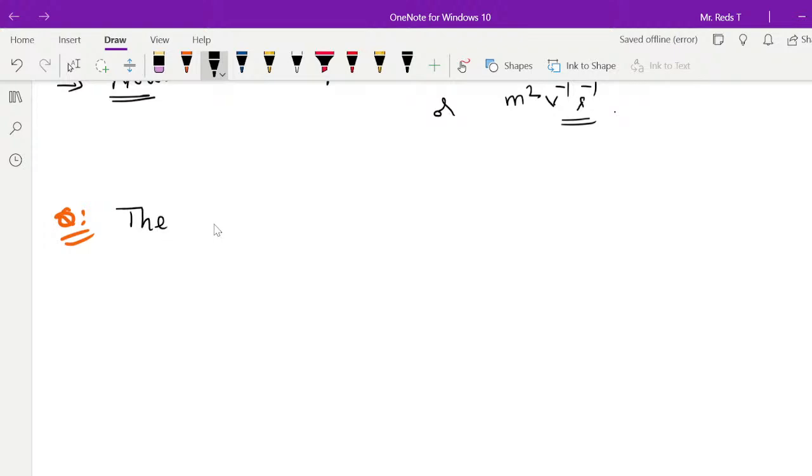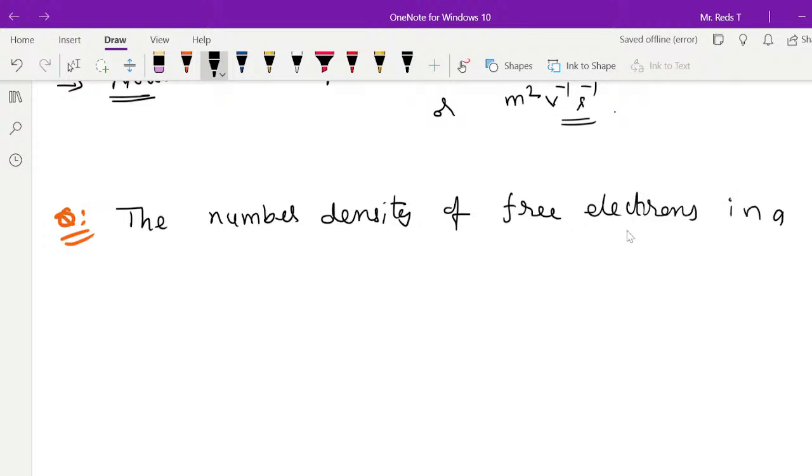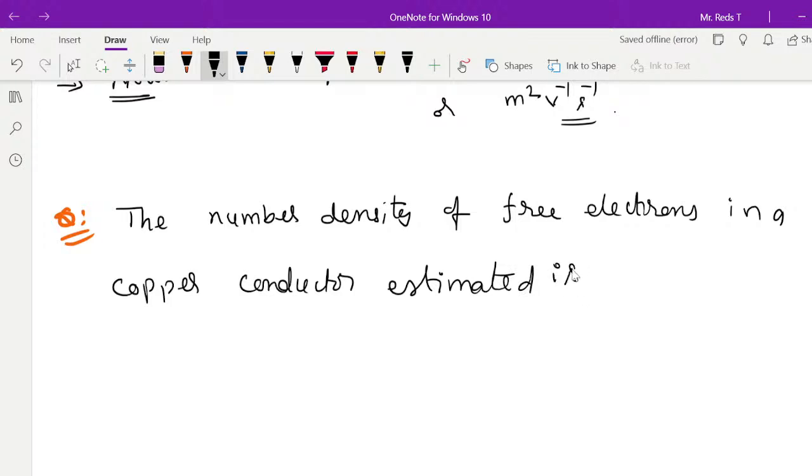The number density of free electrons in a copper conductor is estimated as 8.5 into 10 to the power 28 per meter cube.